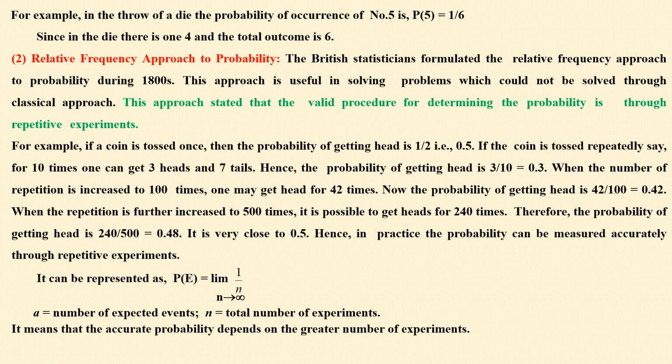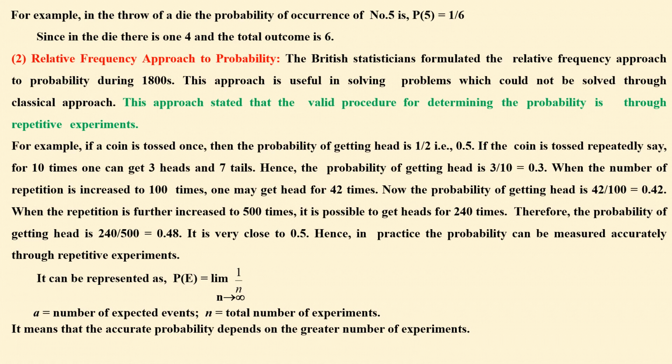This approach states that the valid procedure for determining the probability is through repetitive experiments. For example, if a coin is tossed once, then the probability of getting a head is 1 by 2, that is 0.5. If the coin is tossed repeatedly, say for 10 times, one can get 3 heads and 7 tails.